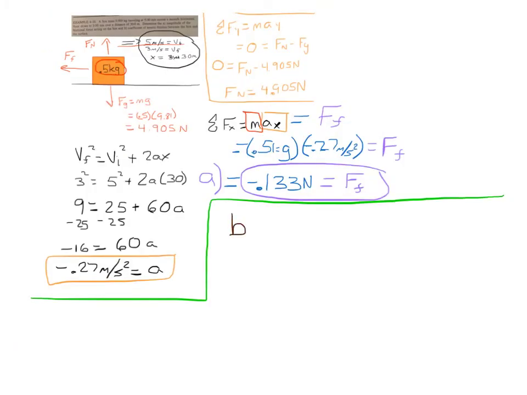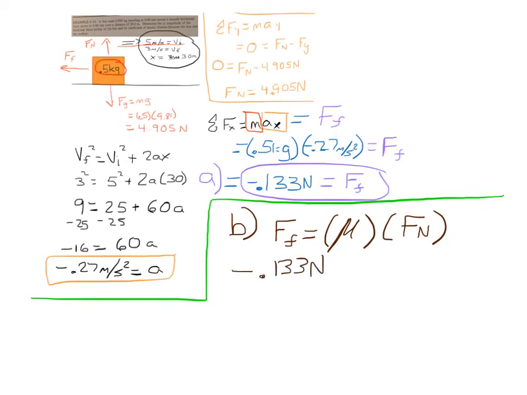And for part B, they want us to find the coefficient of friction. So we know that the formula for the force of friction is equal to the coefficient of friction times the normal force. Now we know the force of friction is negative 0.133 newtons. We don't know the coefficient of friction. That's what we're trying to find out. And we know the normal force, which we calculated before, is 4.905 newtons.